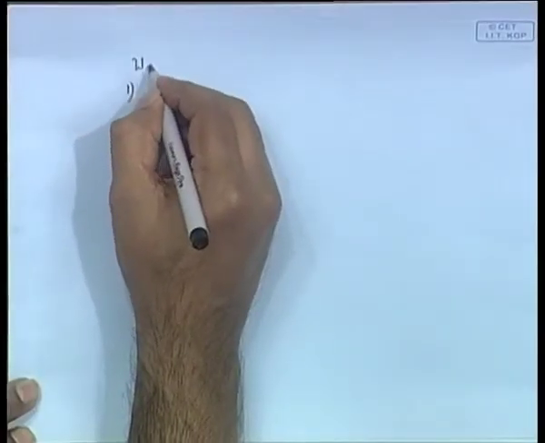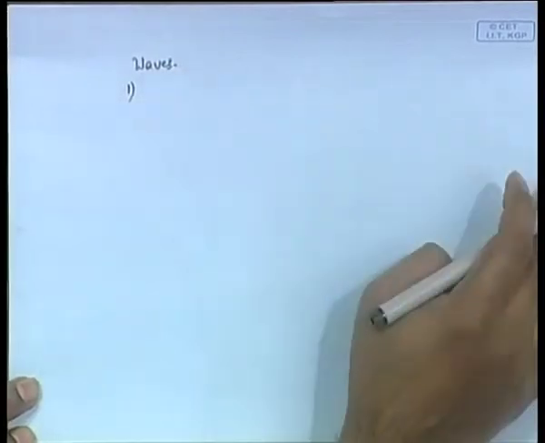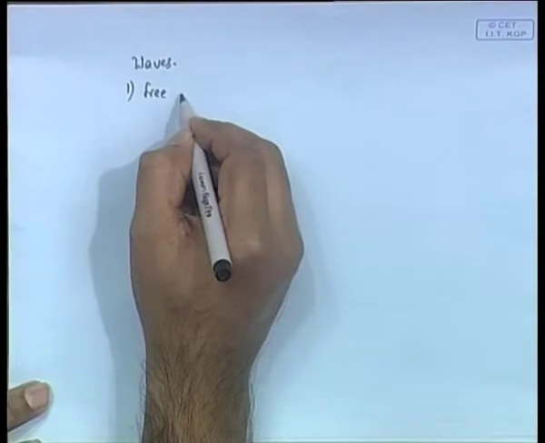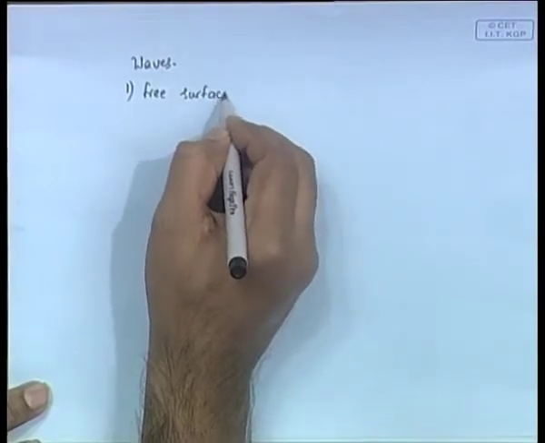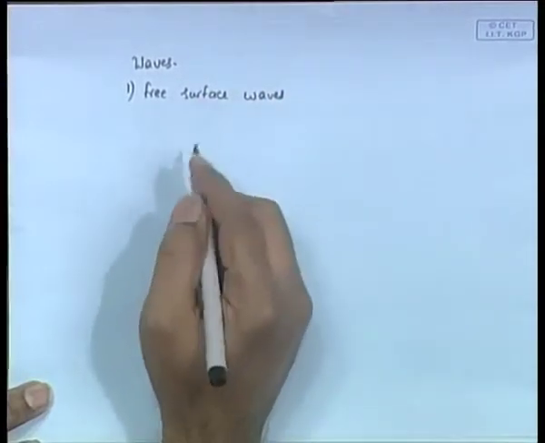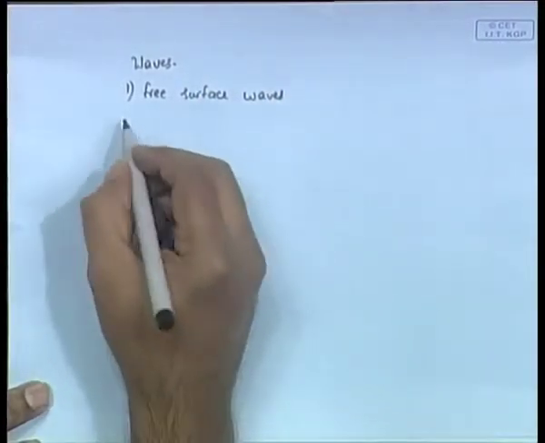So in naval architecture there is a broad category of waves in which we deal with free surface waves. These are the waves associated with the free surface.